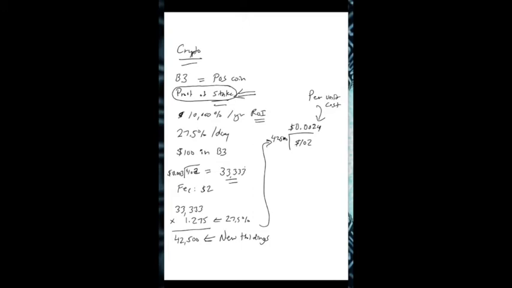Now, look at this interesting thing. The coin, we know, in our previous example, was trading at 3 thousandths per coin.